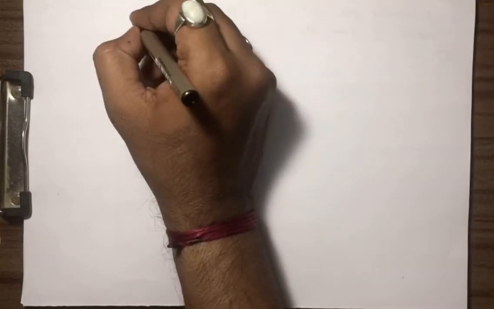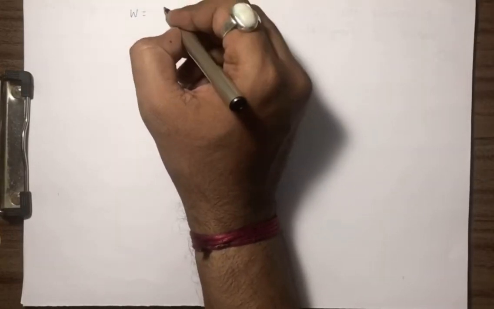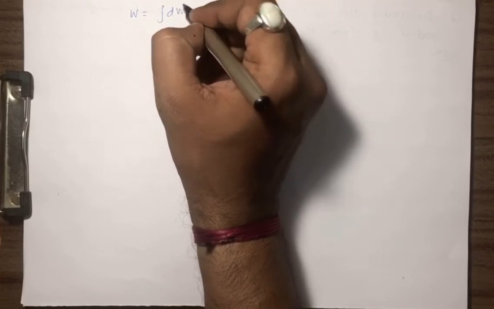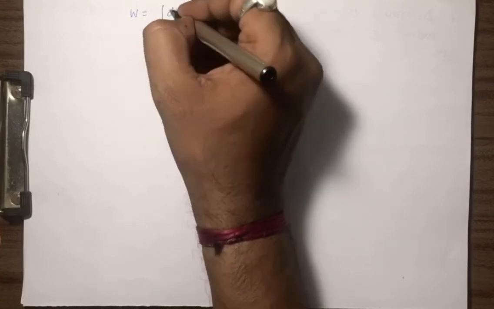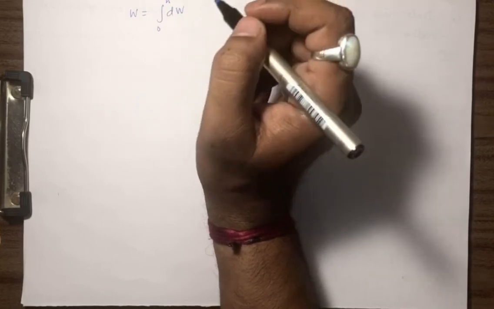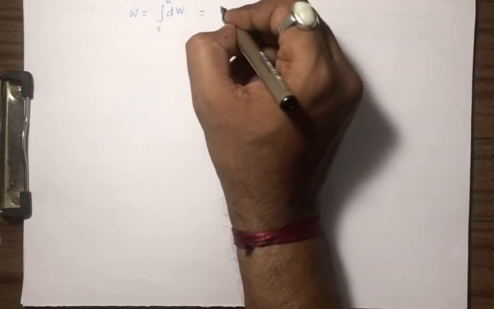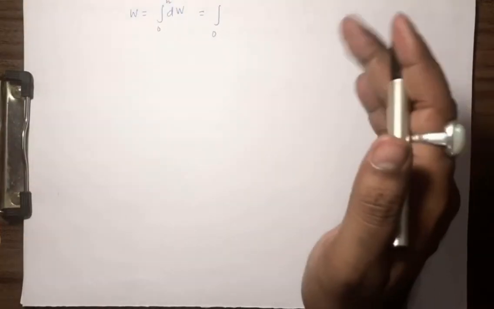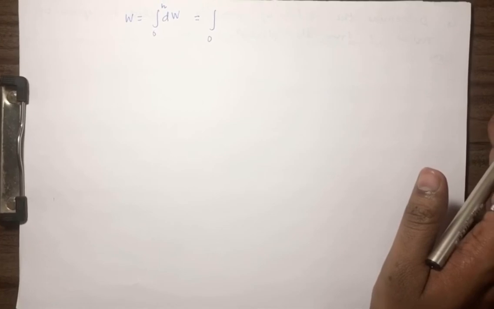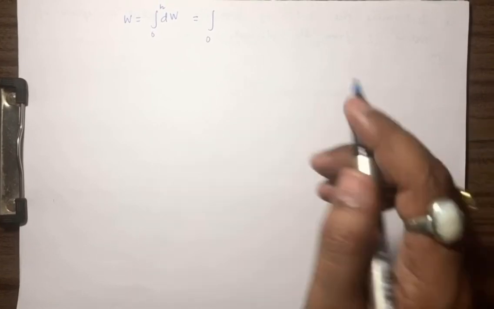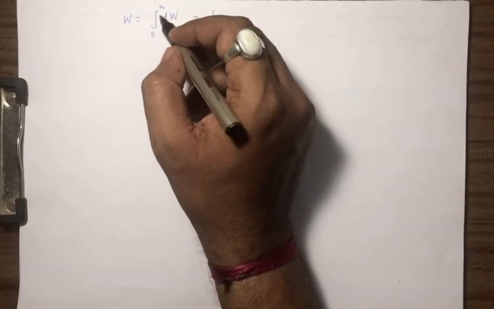So total weight W will be integral dW from 0 to h. Okay, we have to cover the full cone. So how we are going to do that? We are going to do that by putting the limits from 0 to h.